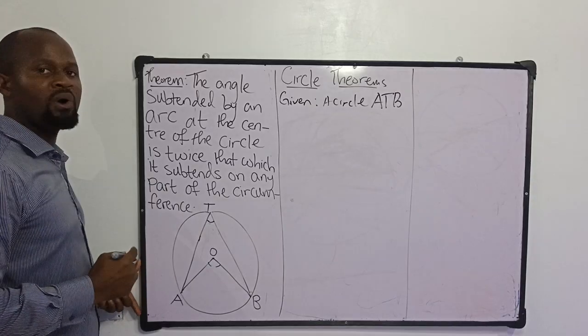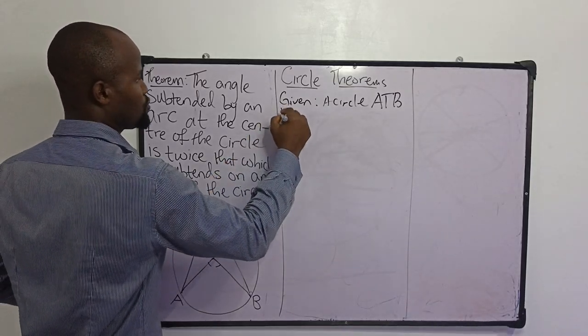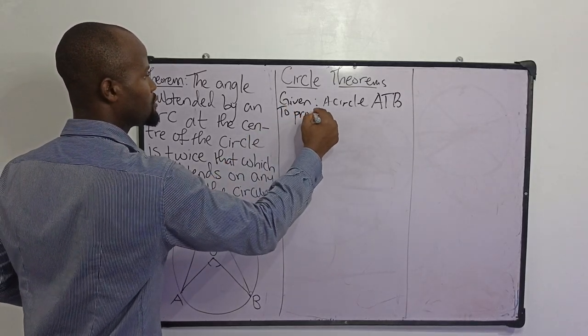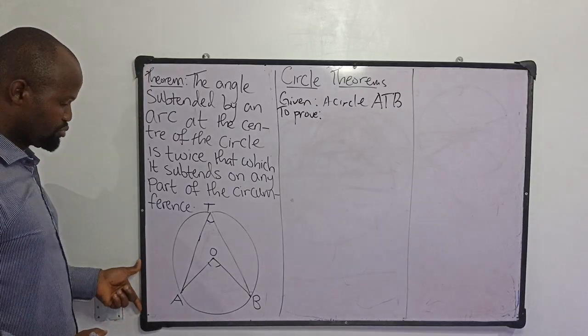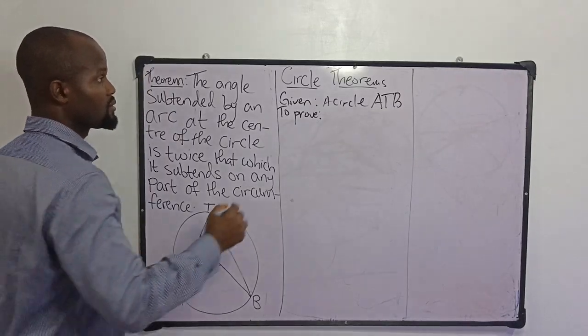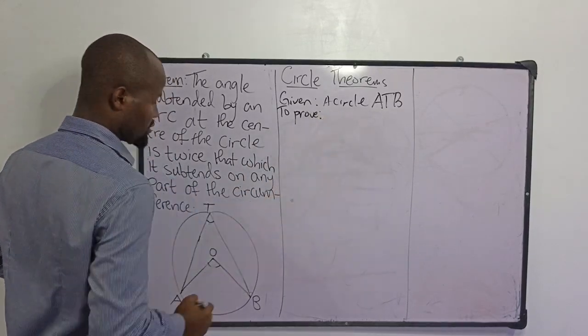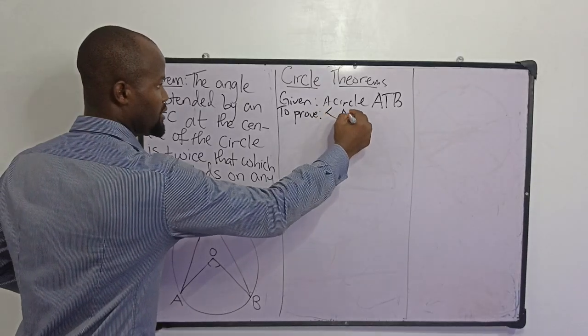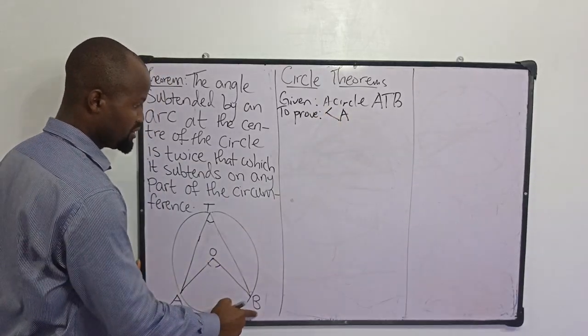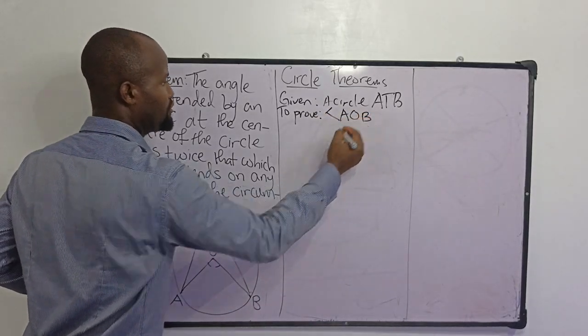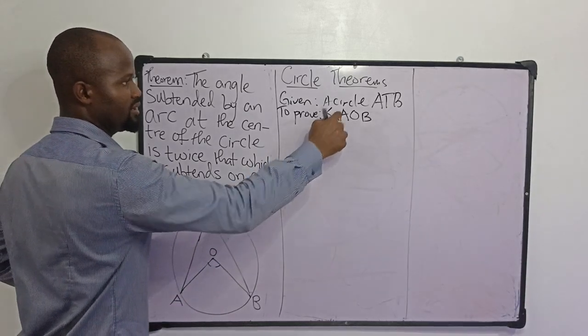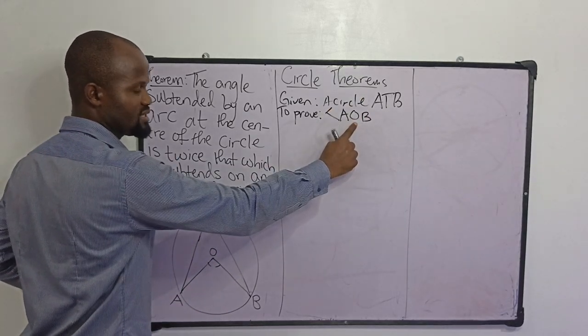and then what are we required to prove? So we are required to prove that angle AOB, remember the angle here is directly pointing to the one at the center.